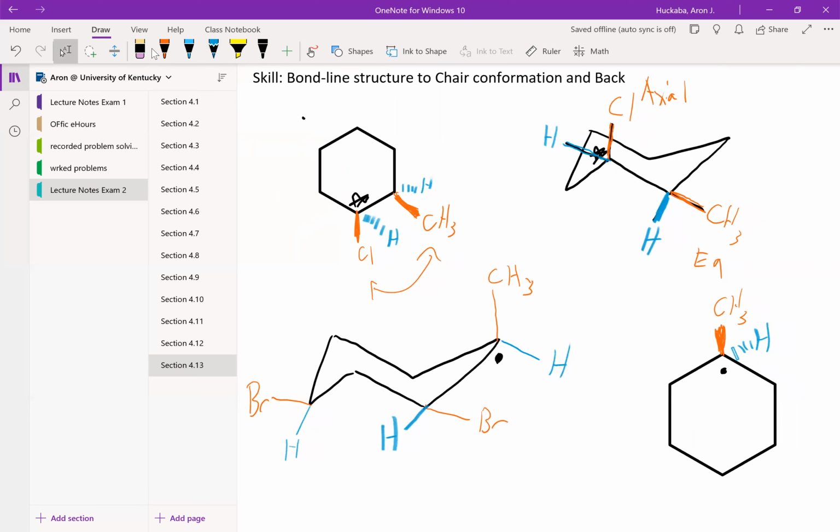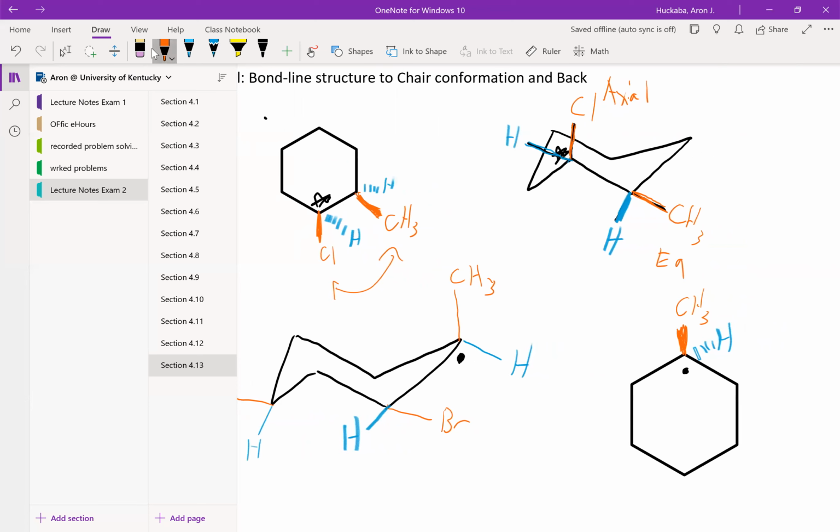And going to the right, one carbon, to see the bromine and hydrogen, it looks like that bromine is also on the up position. So it should be on a wedge here. And the hydrogen should be on a dash.